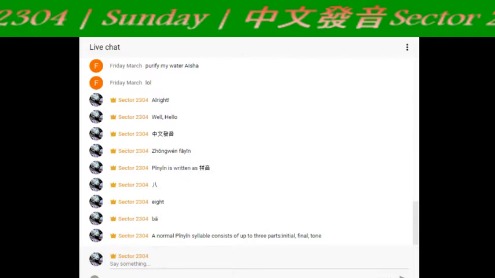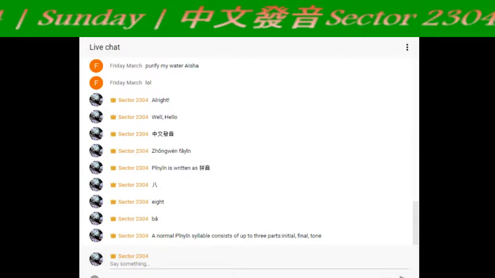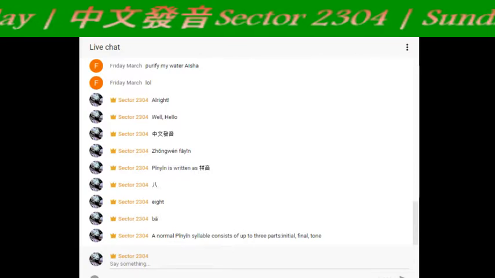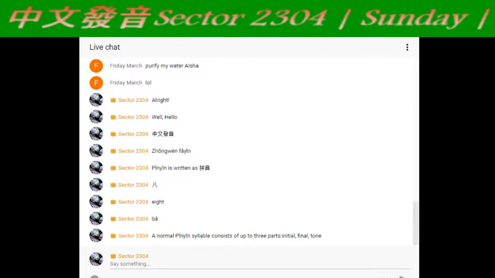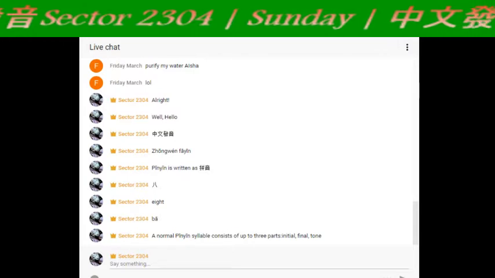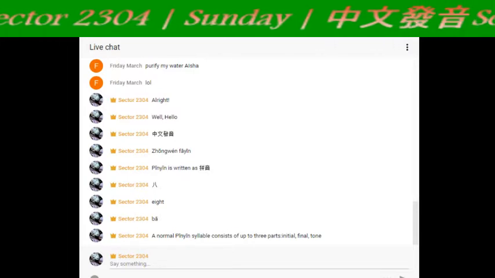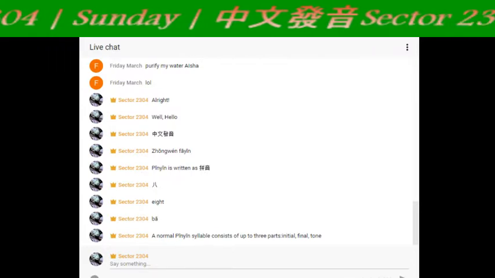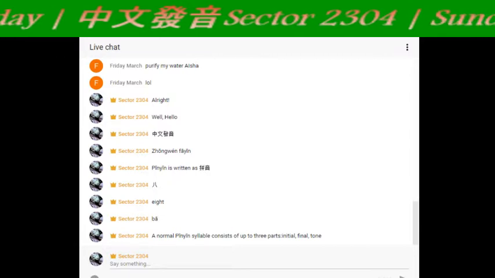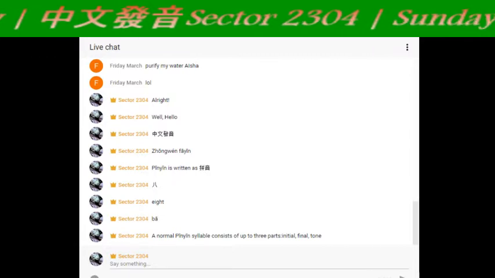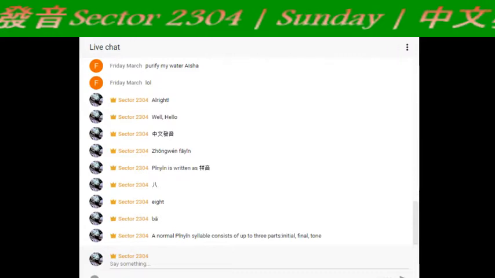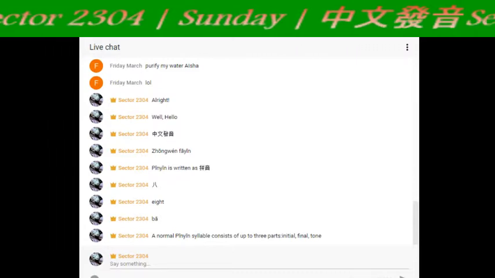Now the pinyin tone mark is always added above the vowel of the pinyin final. So you have finals, and finals are placed after pinyin initials. So you choose one of the 23 initials, and then you choose one of the finals. There are 35 finals. All right.